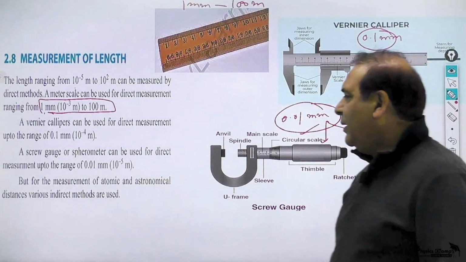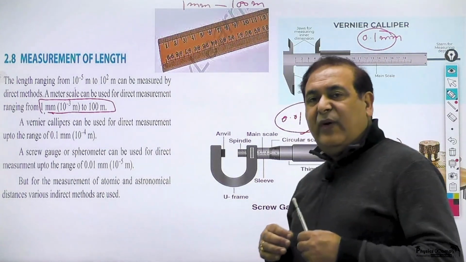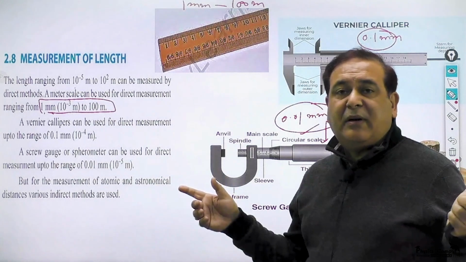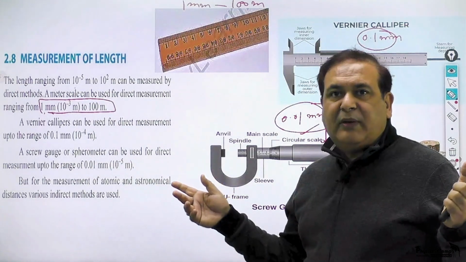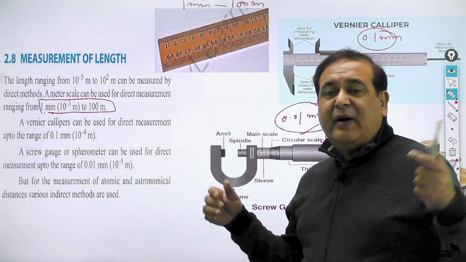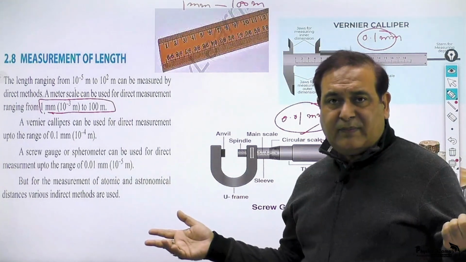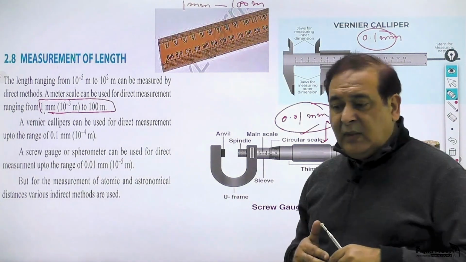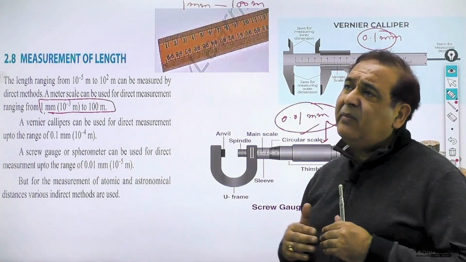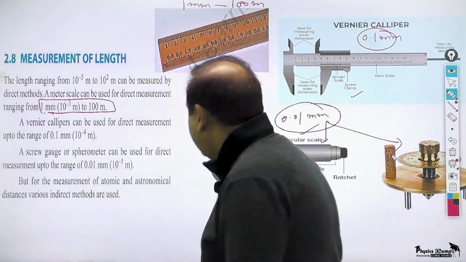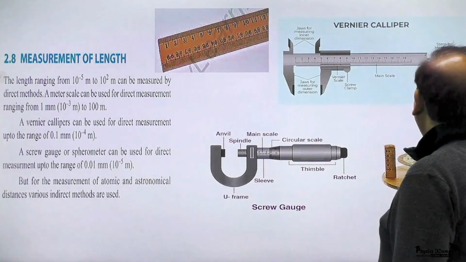But in case we have to find a gap of more than 100 meters, say a few kilometers, we have to find a distance of 100 kilometers or even more, we need indirect measurement. For example, you are standing in front of a big mountain and you wish to measure the distance between you and the mountain.